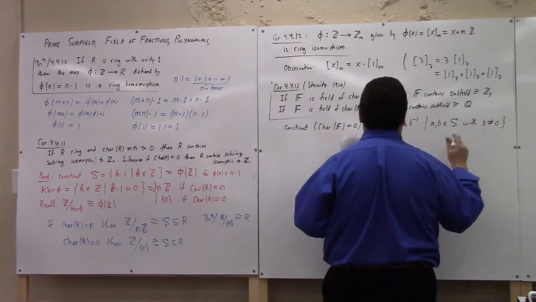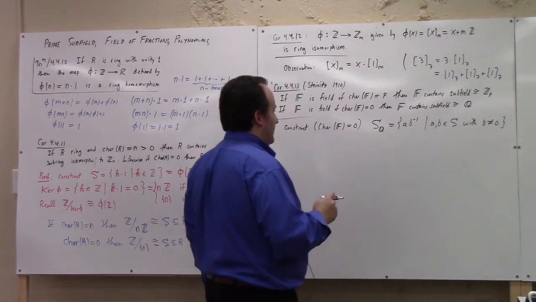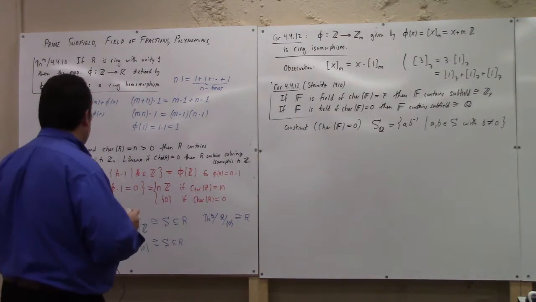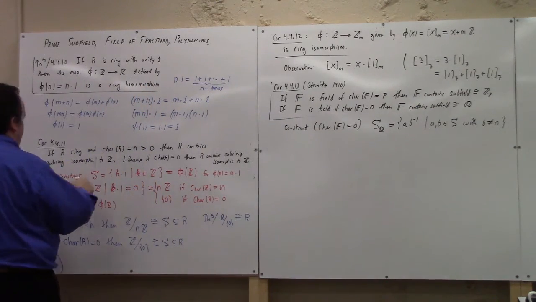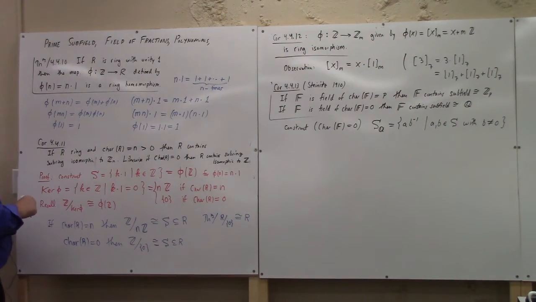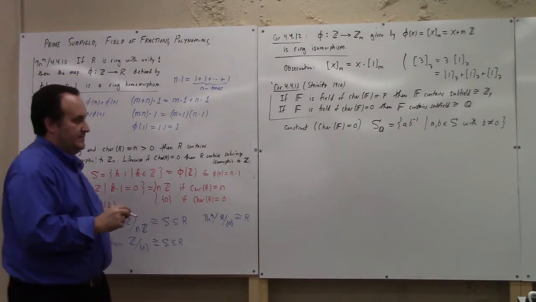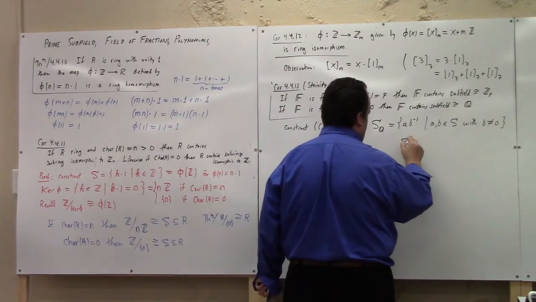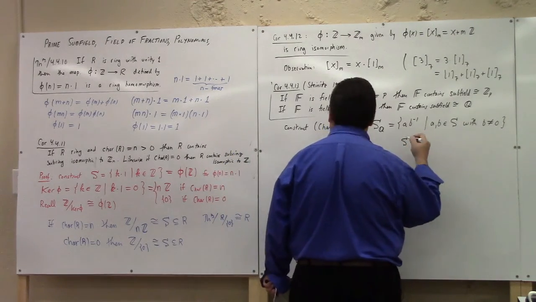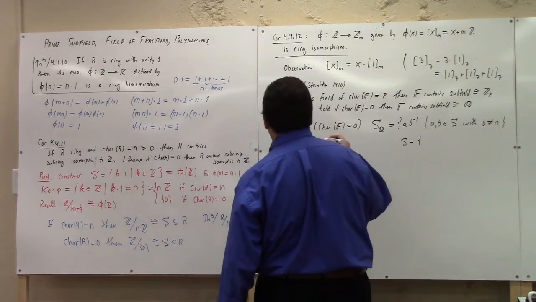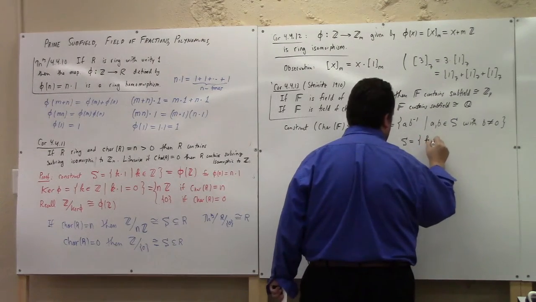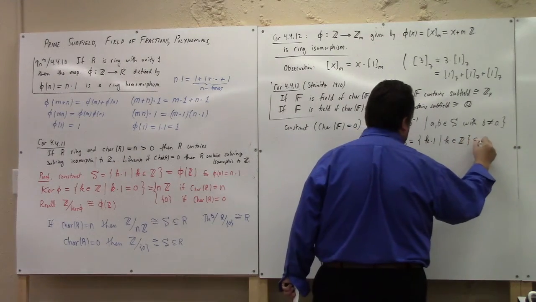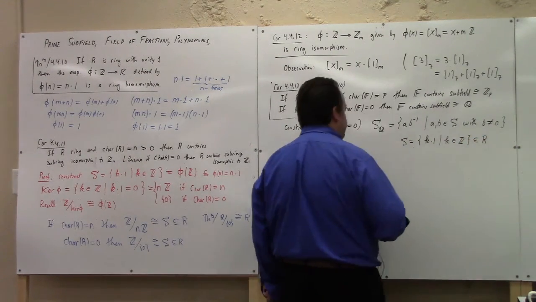Now, what is this S we're referring to here? This is the S that we built back in the proof of corollary 4.11. It's the multiples of 1, k times 1, where k is an integer. So this is a subset of the ring.